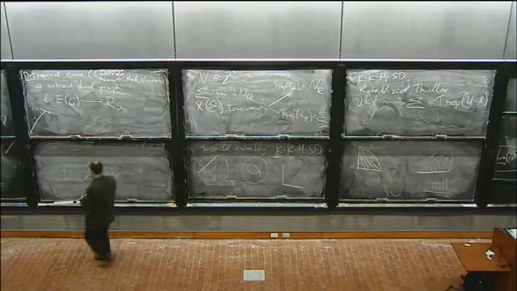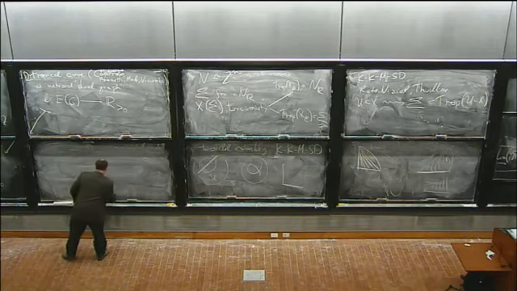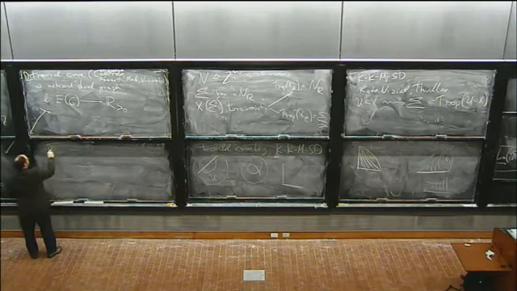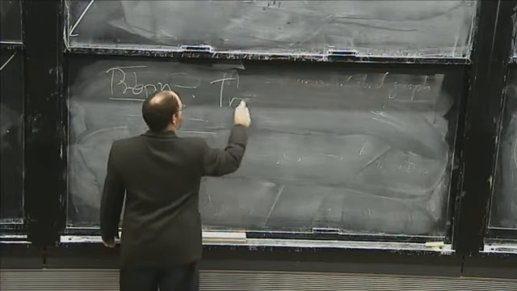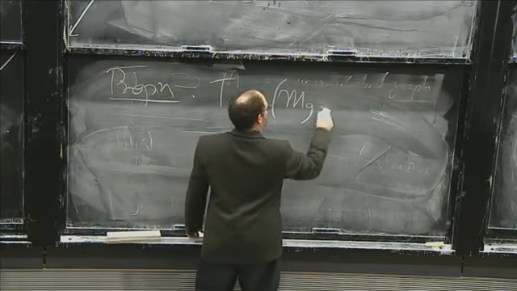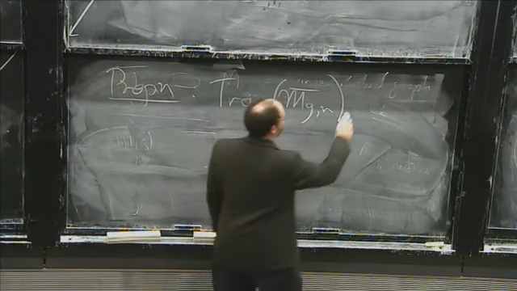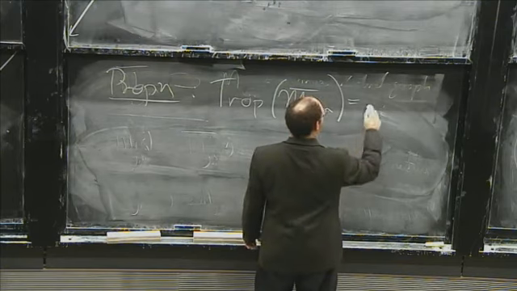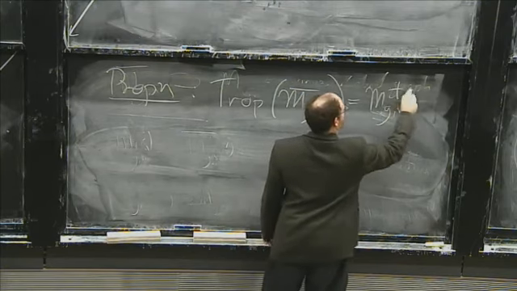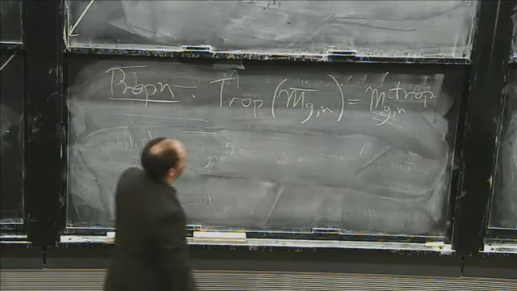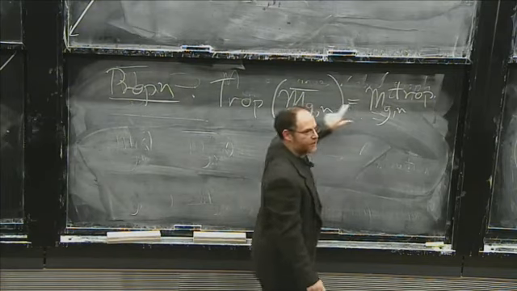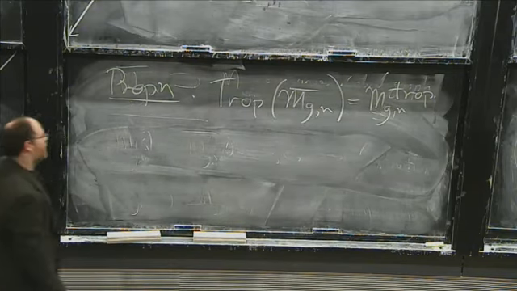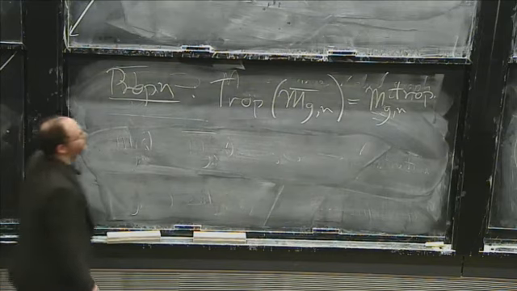And the main result, which is not hard, I don't know if it deserves to be called more than a proposition, is that the tropicalization of this space is, right, the moduli space of tropical curves. It is the polyhedral complex of the Deligne-Mumford moduli space in this sense.